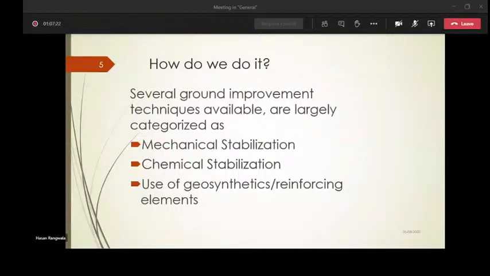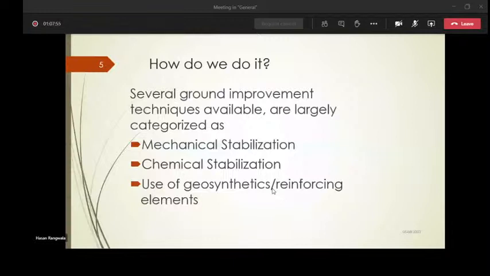Whatever chemical functions in a good way and is non-polluting, surely you can put that in chemical stabilization. And the last is the use of reinforcing element. It is nothing but introducing some reinforcing material, which is adding some tensile capacity into the ground.